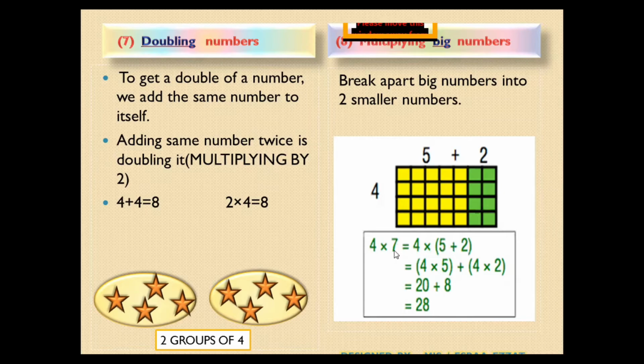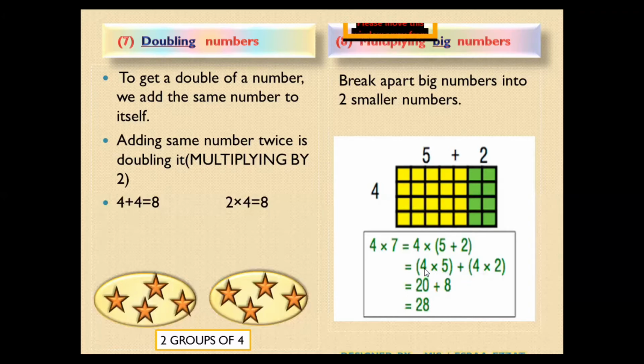So here, to make this problem easier to solve, we break the big number, which is 7, into two smaller numbers. Okay, and then we will multiply number 4 by 5 the first time, then we will multiply number 4 by 2. This is easier to solve this example.